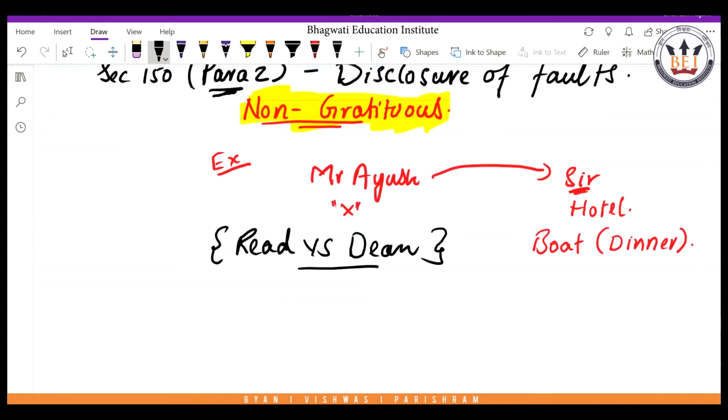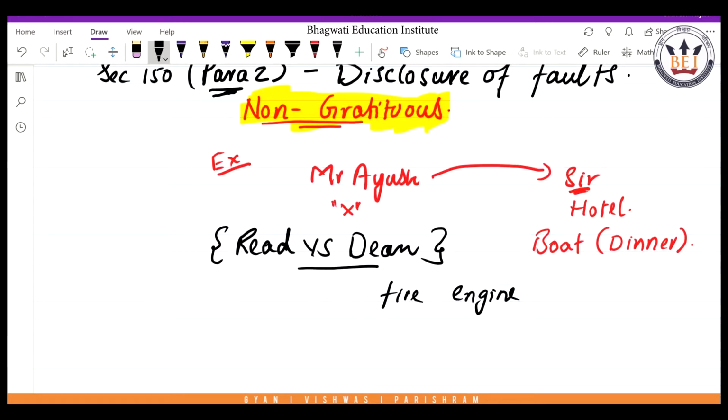Reed versus Dean. So in this case, this guy takes the boat and is off for a romantic dinner on the small lake nearby the hotel. Now what happens? The boat catches fire, due to an engine issue.